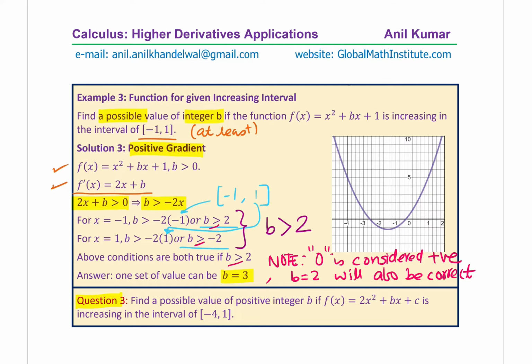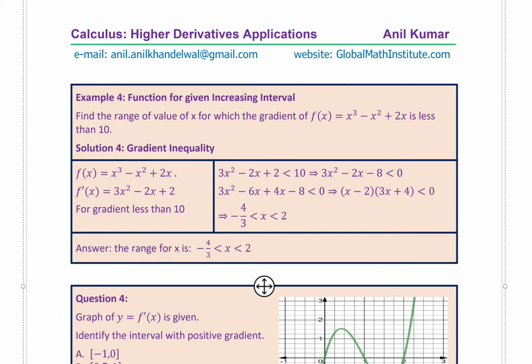Let's take the next example, which is question number 4 for us. It is based on increasing and decreasing intervals. Question is, find the range of values of x for which the gradient of f of x equals x cubed minus x squared plus 2x is less than 10.